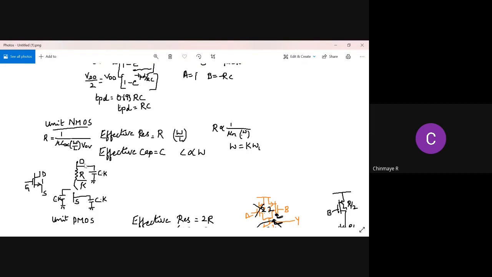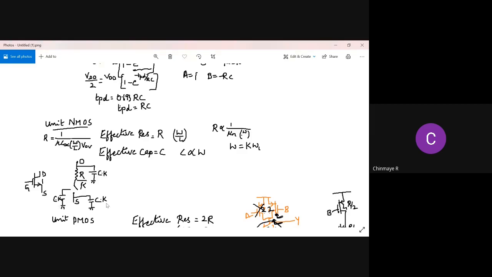Though the capacitors at drain, source, and gate are not equal, they are comparable. So all these lie either in femtofarad or attofarad, depending upon the technology that we use. So for the ease of calculations, we consider they are equal and represent them using C, right?